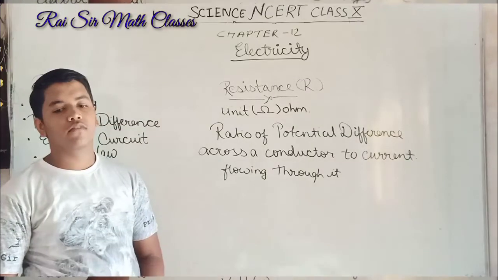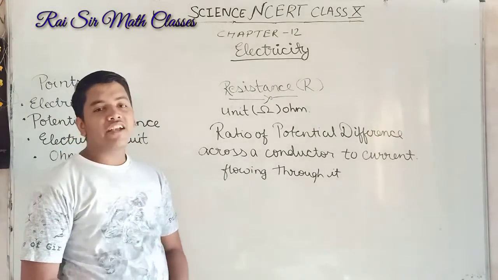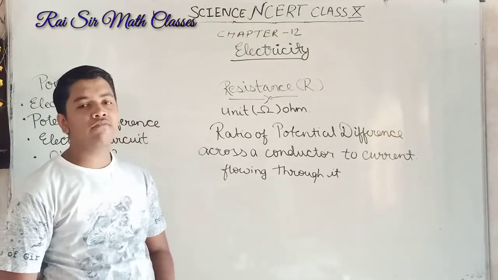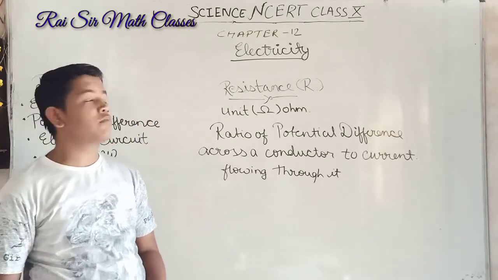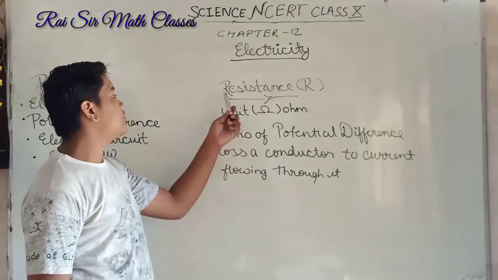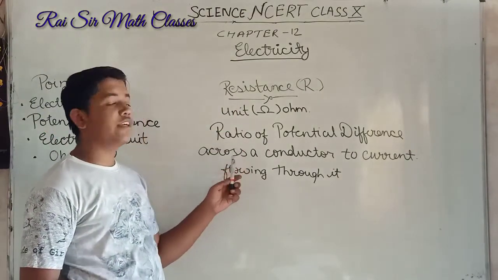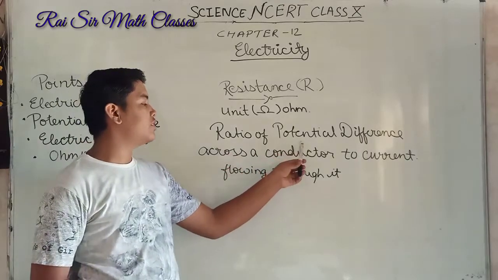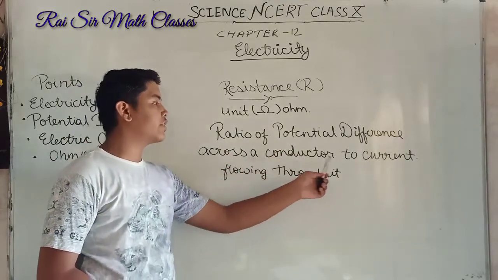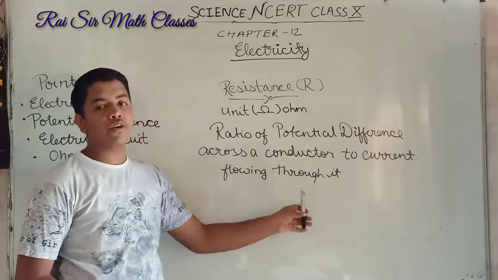Before starting Ohm's law, we have to study the most important factor, that is resistance. In definition form, it is the ratio of potential difference across a conductor to the current flowing through it.